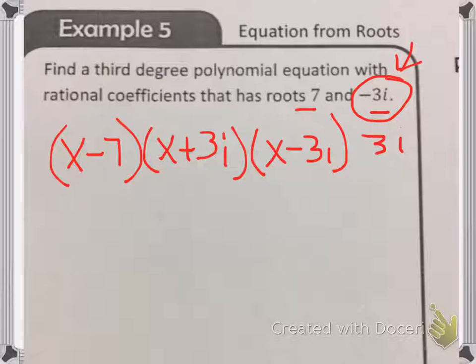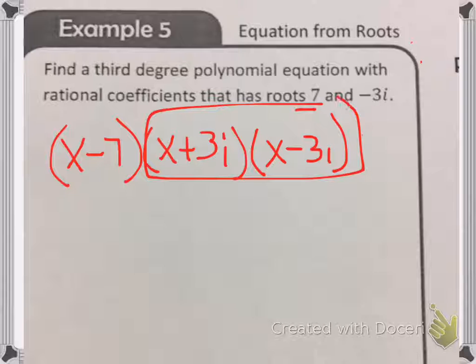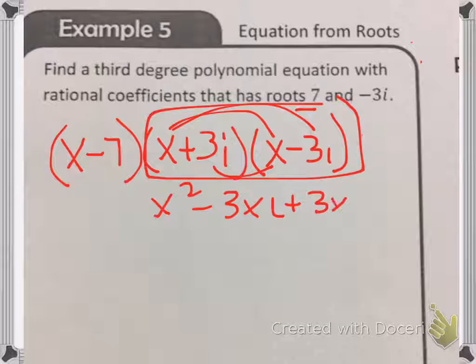So I really am just going to multiply this out now. And I would always multiply these conjugate pairs first because special things will happen with them. We'll have some canceling happen. So we'll have x squared minus 3xi plus 3xi minus 9i squared. I still have that x minus 7 in front, but let's see what happens here.